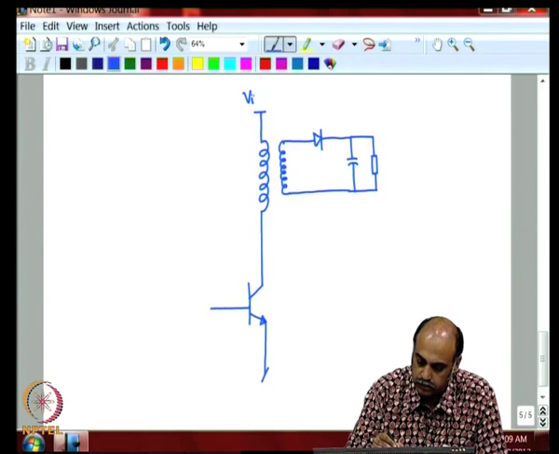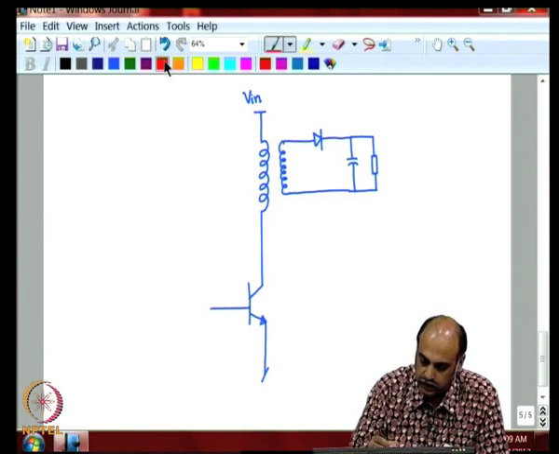If this is V in, do not forget the dot polarities.